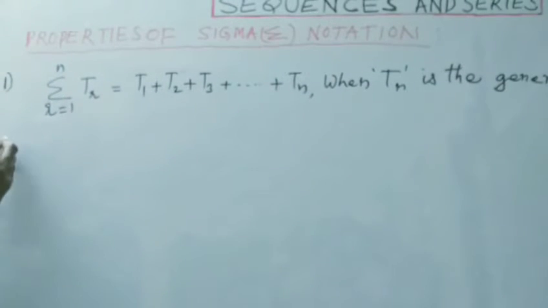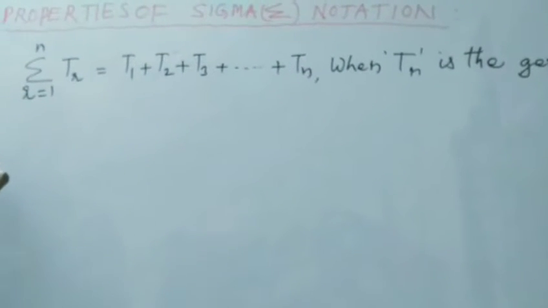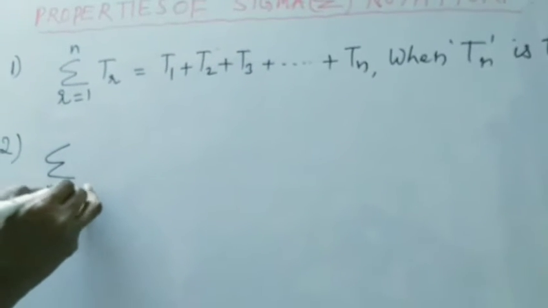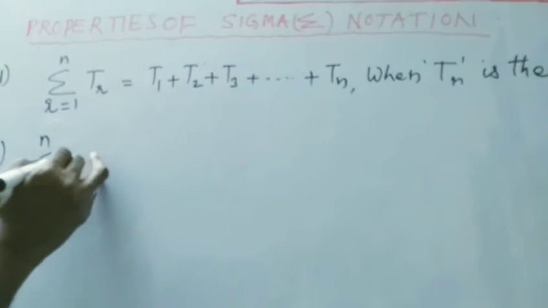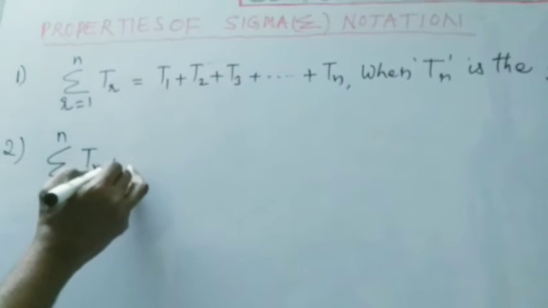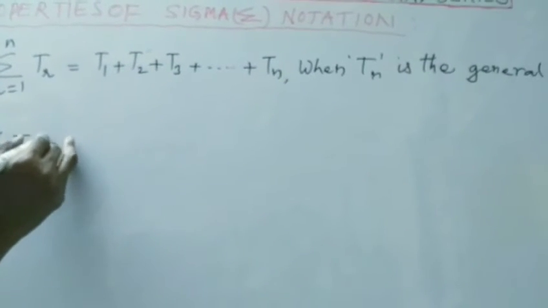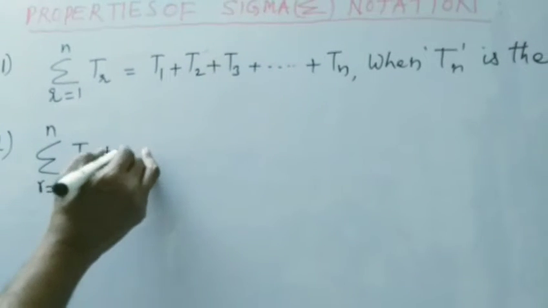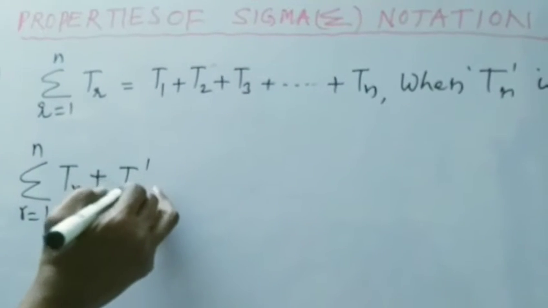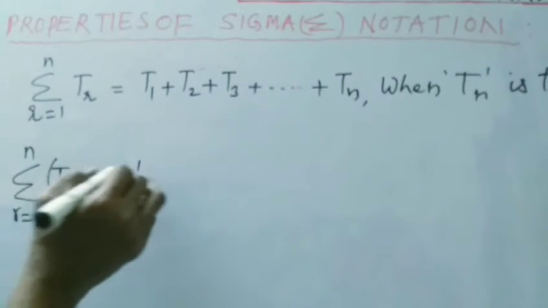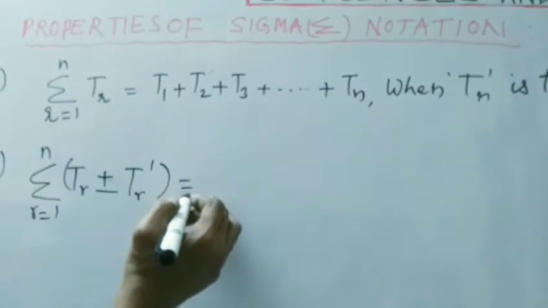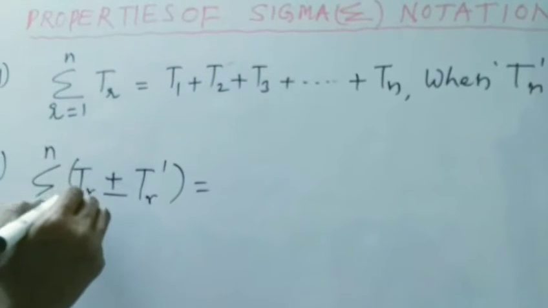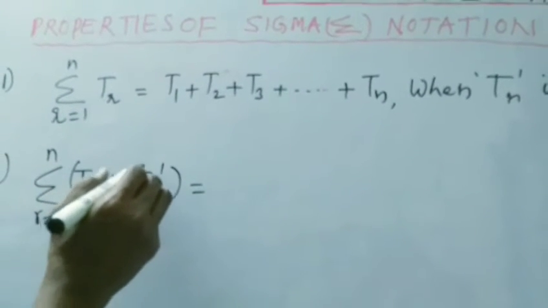Now the second property: summation of r is equal to 1 to n, (tr plus or minus t dash r), is equal to summation of r is equal to 1 to n tr plus or minus summation of r is equal to 1 to n t dash r.